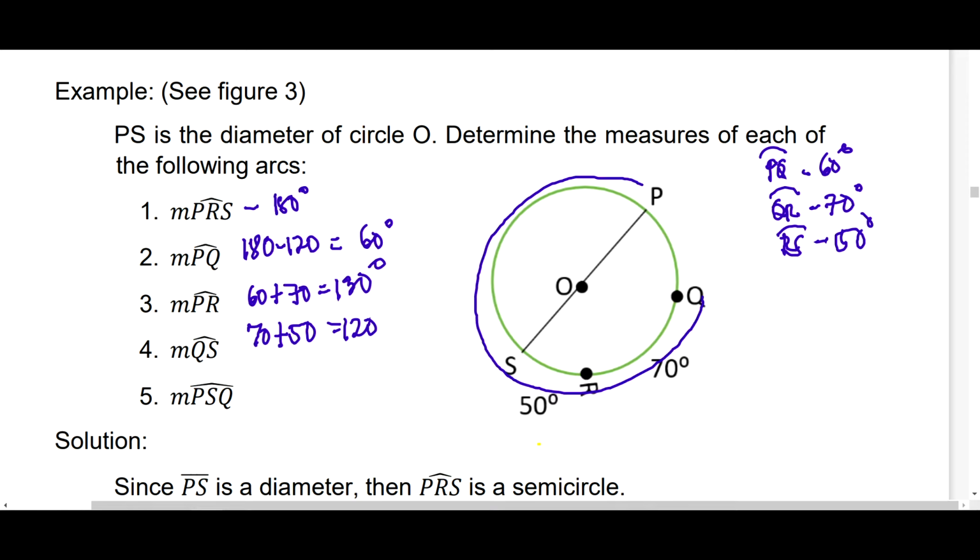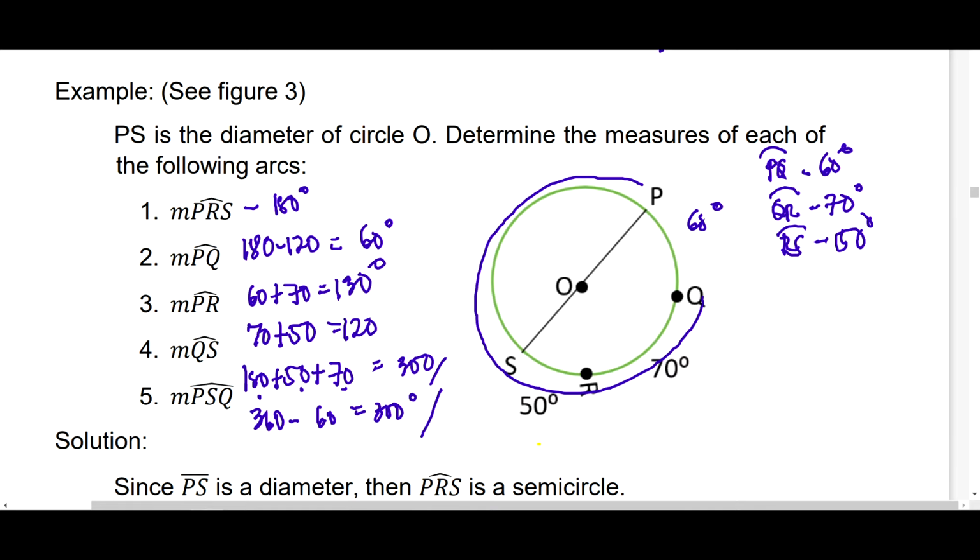Pwede mo naman gawin dyan 180 plus 50 plus 70. So ilan yan? 300 yan, kasi ito ay 250 na plus 50, 300. Pwede din naman dahil alam mong 60 to at alam mong isang buong circle ay 360. So 360 minus 60, that's equal to 300. So same lang process yan.